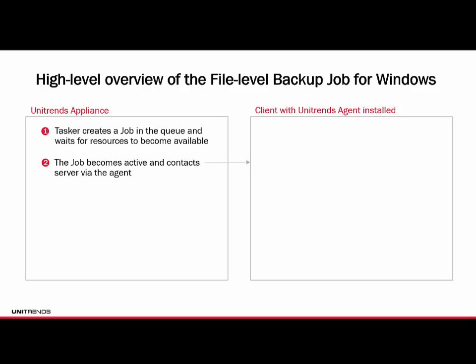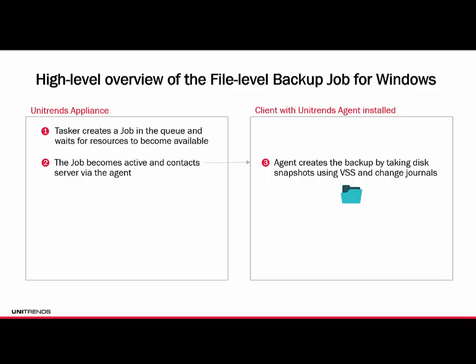The second thing that happens is it becomes active once it starts up, and it contacts the server via the agent. So it goes out to the Windows machine, and through the Unitrends agent, it makes contact with that server. The agent receives that contact, and it creates the backup by taking a disk snapshot using VSS and the change journals. Whether it's a full or an incremental depends on the type of backup that you run or that's scheduled, but it's the same concept.